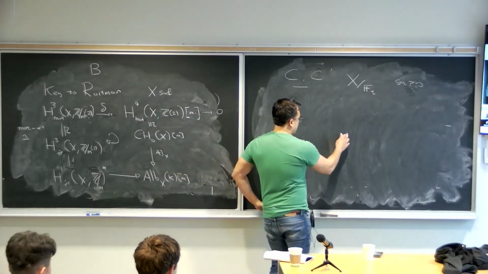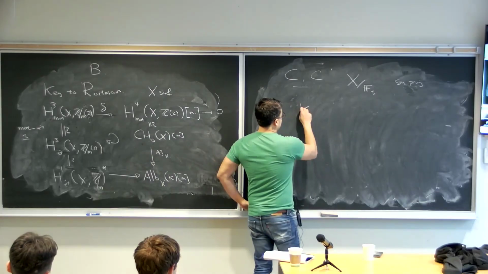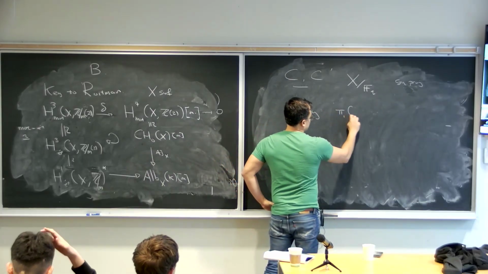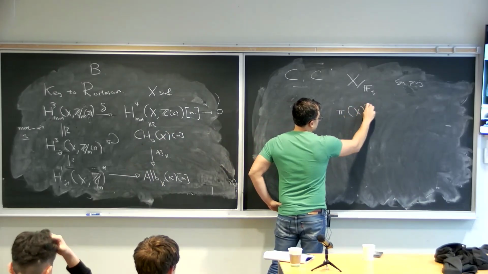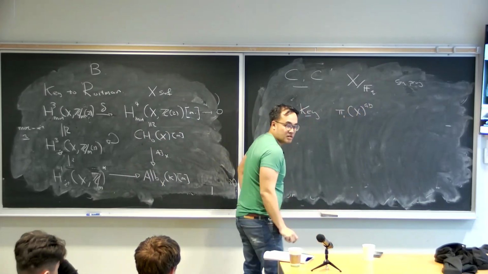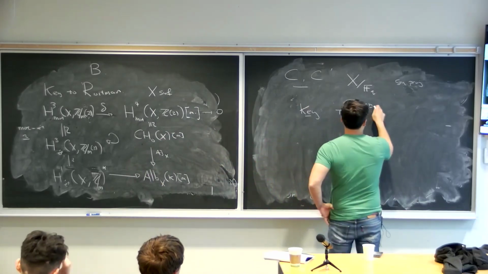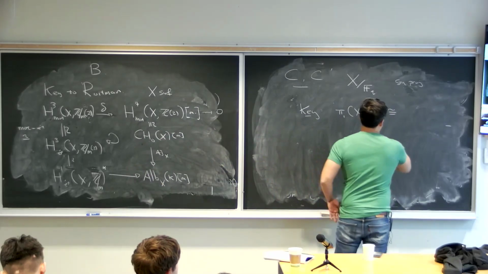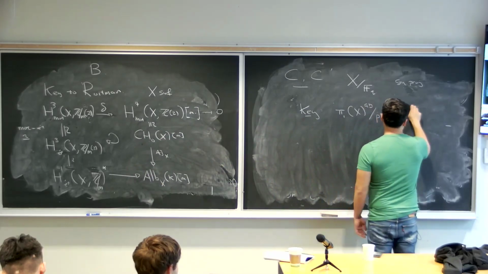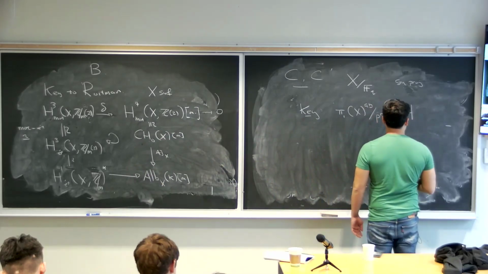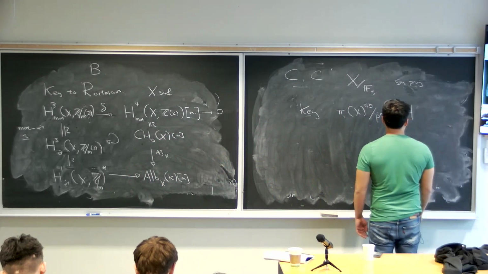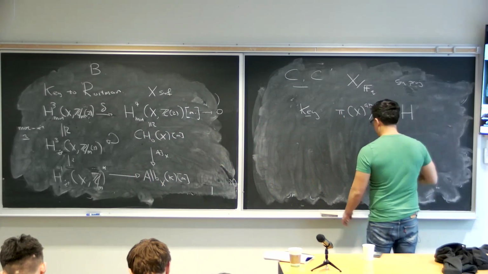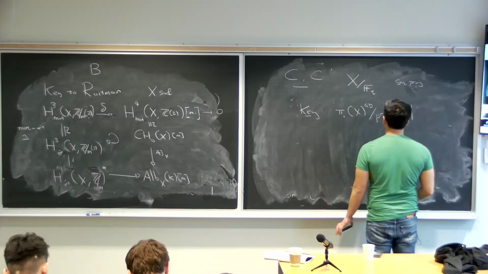One of the key observations is that pi 1 of X abelianized, mod p to the r, is going to be, I'm going to mess this up, I think.